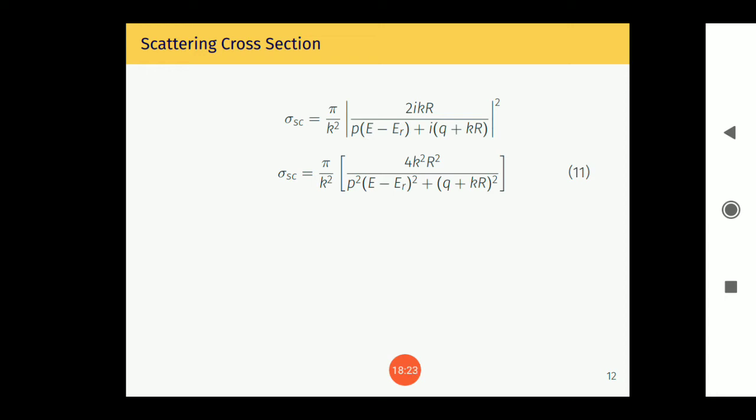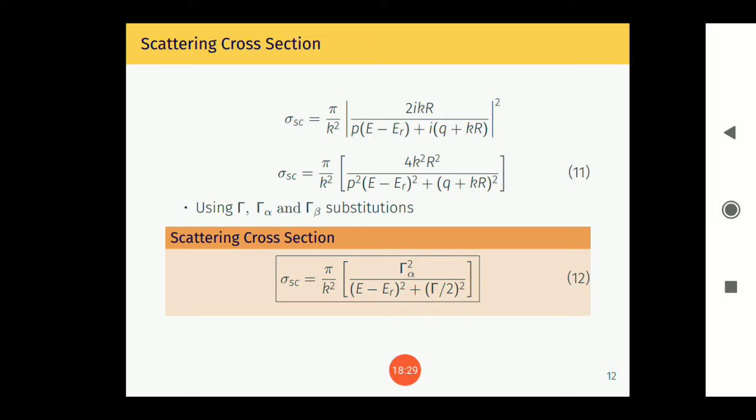Again substituting the values for gamma alpha, gamma beta and the total width gamma which we used earlier, we can get the scattering cross section by this expression. Sigma scattering equals pi by k square times gamma alpha square divided by (E minus ER) square plus (gamma by 2) whole square.